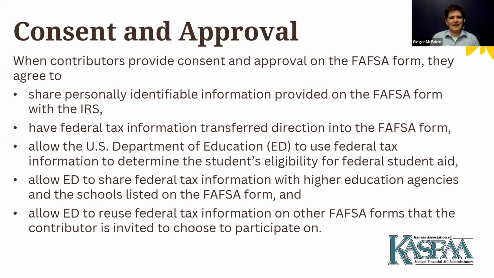It's allowing the Department of Education to share federal tax information with higher education agencies and the schools listed on the FAFSA form. Not much we as a school can do without that information. And then allowing the Department of Ed to reuse the federal tax information on other FAFSA forms that the contributor is invited and chooses to participate on. So maybe a parent with multiple dependent students, or someone who is both a parent and a student themselves.